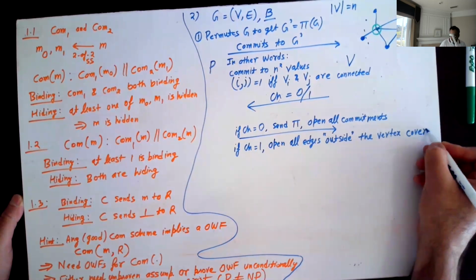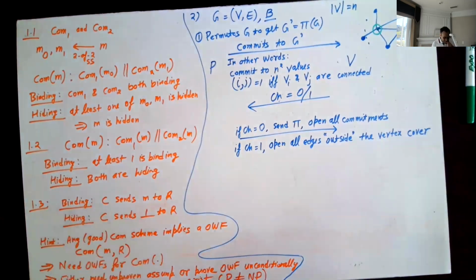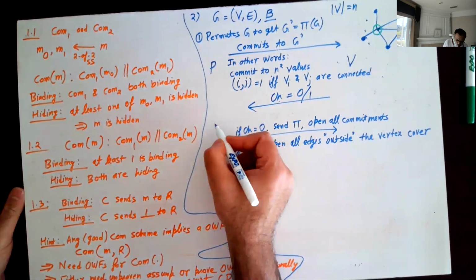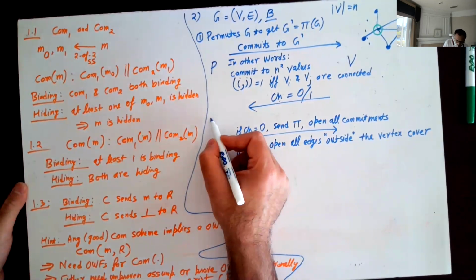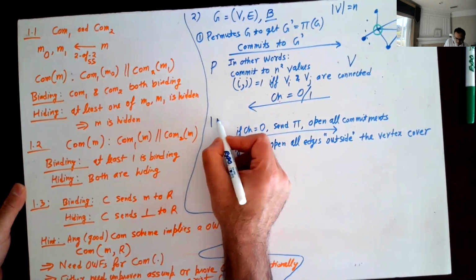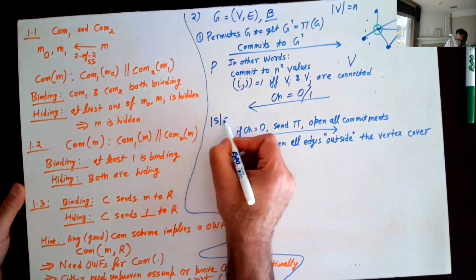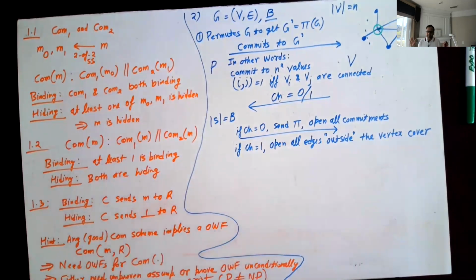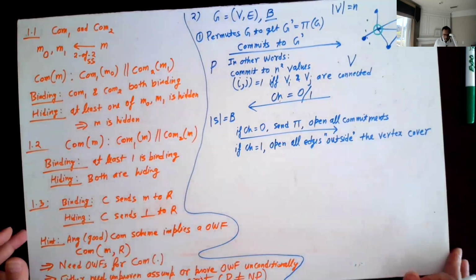And I'll explain in more detail what I mean here. Let's denote the vertex cover by something. So let's say the vertex cover is some set S of vertices, and the size of this vertex cover is B. It could be less than B, but let's pick B vertices.